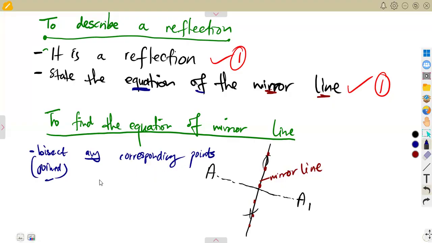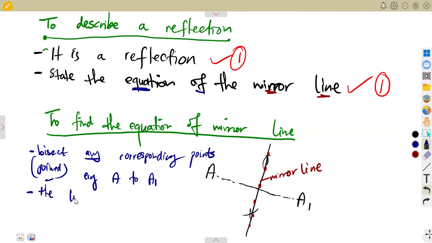For example, A to its image, you bisect the line. So the line bisector is the mirror line.